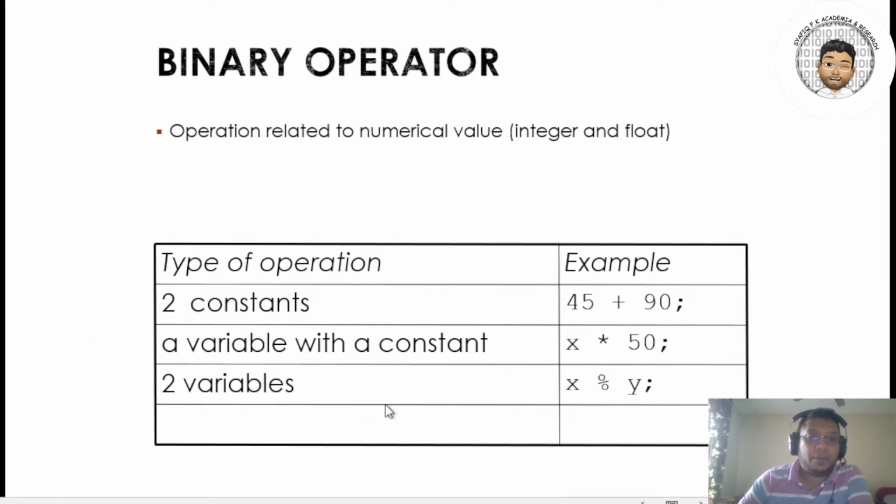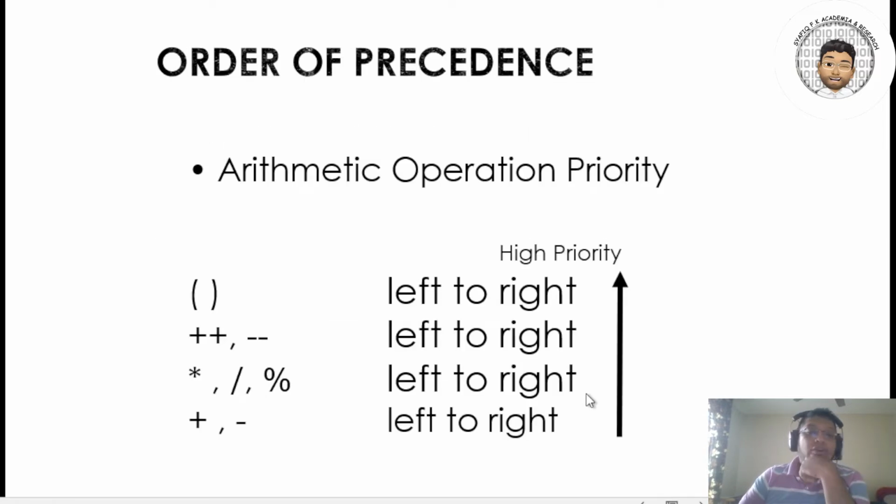This is an operation that has a constant with a variable, or two variables. When you do arithmetic operations like a mathematical equation, you have priority. For example, do the bracket first, and then after the bracket you do multiplication and division, and lastly addition and subtraction.